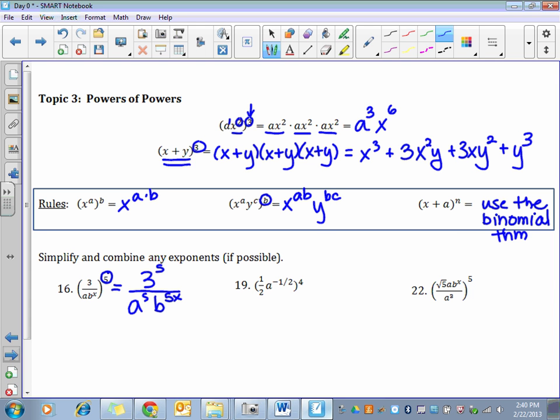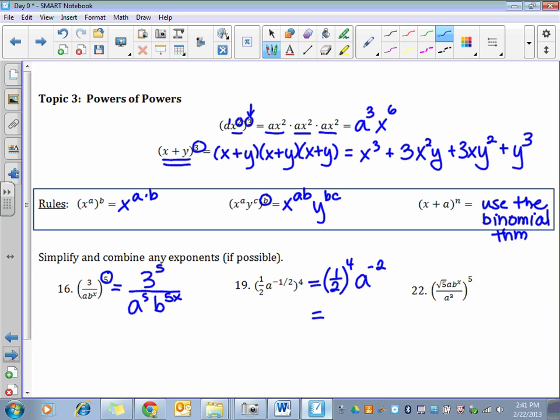All right, let's try number 19 together. Again, we are raising everything to the 4th power, so we're going to multiply. And we're going to raise 1/2 to the 4th power times a to the negative 1/2 times the 4th power, so negative 1/2 times 4 gives me -2.